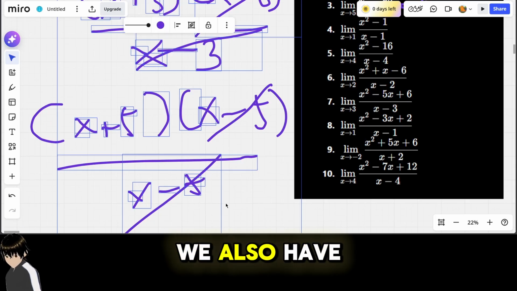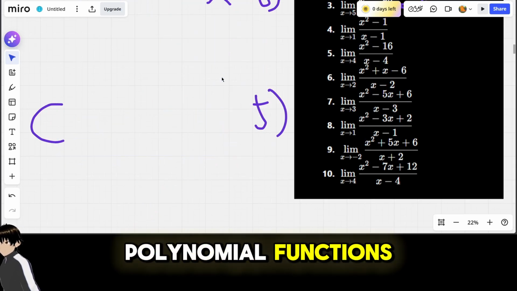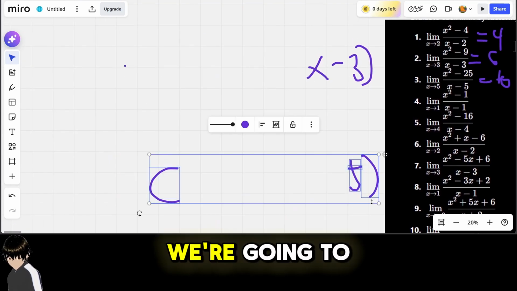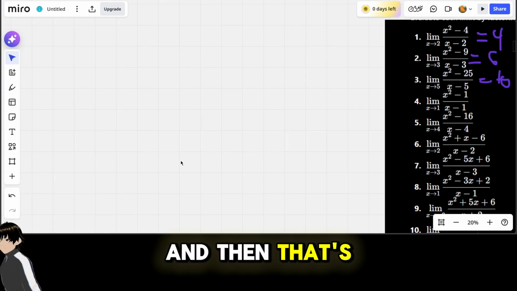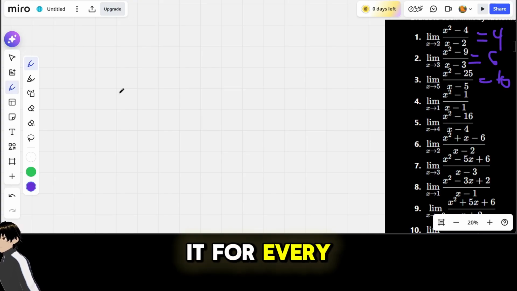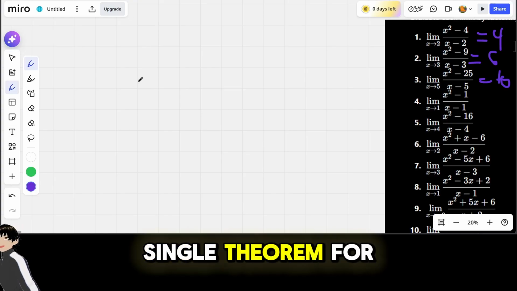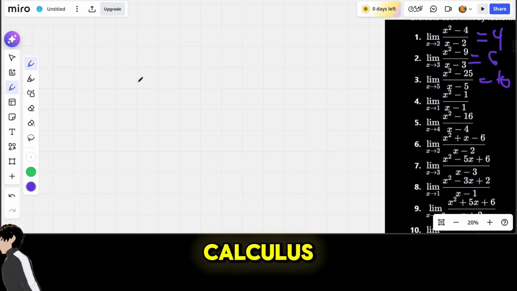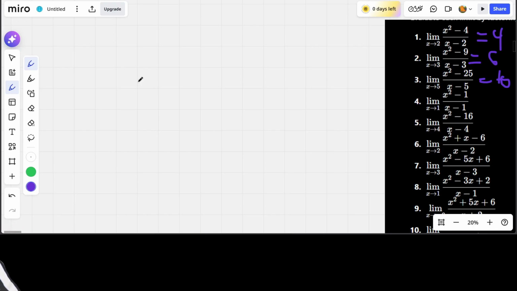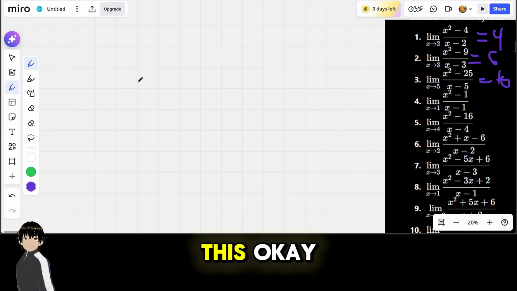And I believe we also have what we call polynomial functions. We're going to do 10 problems of that, and then that's going to be it for every single theorem for limits in calculus. We're just going to solve this.